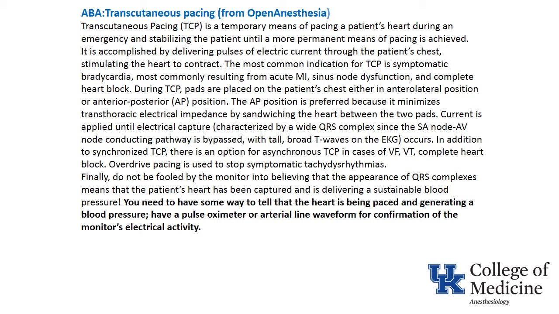As it says on the slide, finally, do not be fooled by the monitor into believing that the appearance of QRS complexes means that the patient's heart has been captured and is delivering a sustainable blood pressure. You need to have some way to tell that the heart is being paced and generating a blood pressure. Have a pulse oximeter or arterial line waveform for confirmation of the monitor's electrical activity.